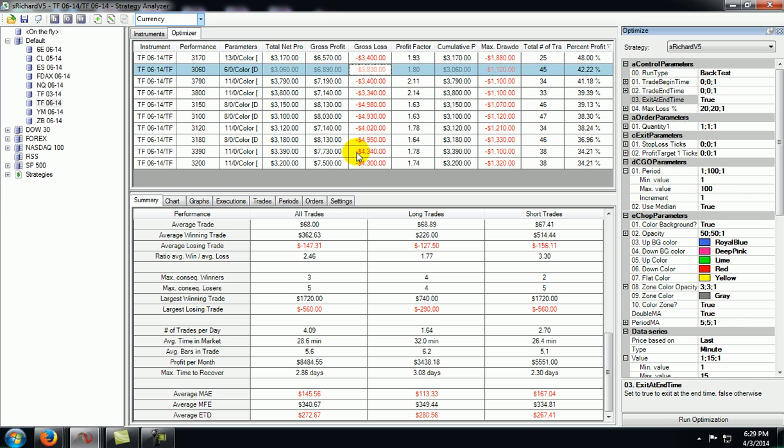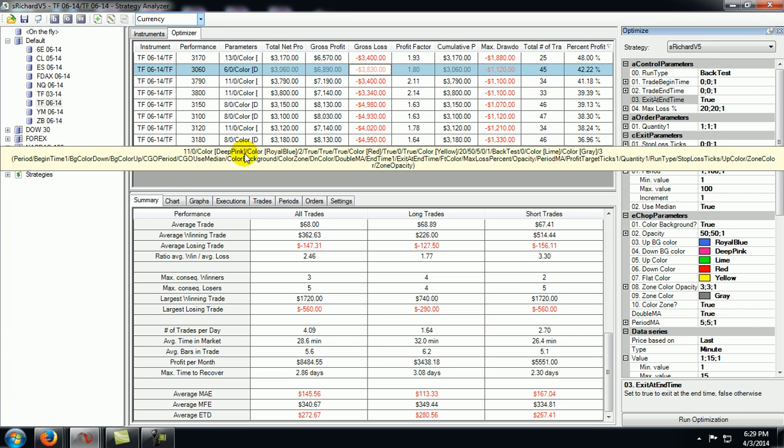Your gross loss is about $500 different. However, there's 7 trades. Your drawdown's a little less. You've just really got to pay attention to the number of trades and your drawdown. The profit factor is a little less than I like here.